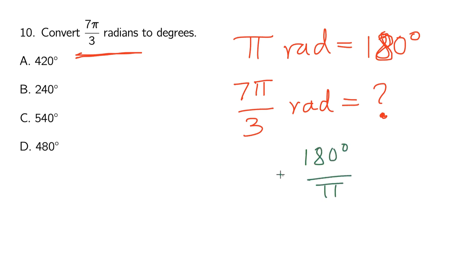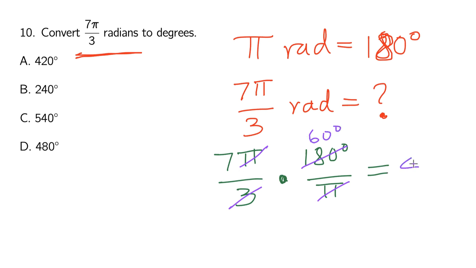So we have to multiply this by 7 pi over 3. And when we do that, the pi's will cancel, and then the 3 will cancel 180, we get 60 degrees. So we now have 7 times 60 degrees, which is 420 degrees. So that gives us that.